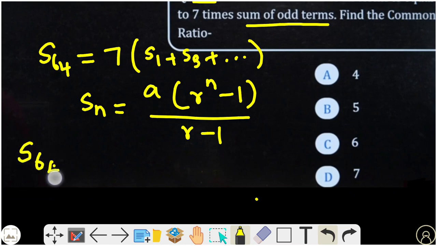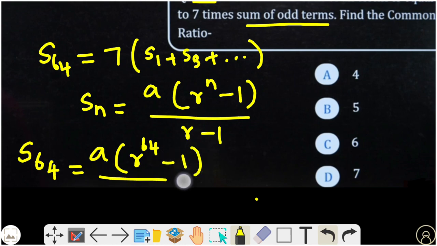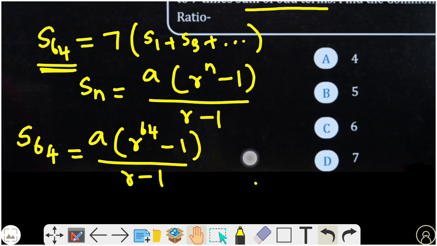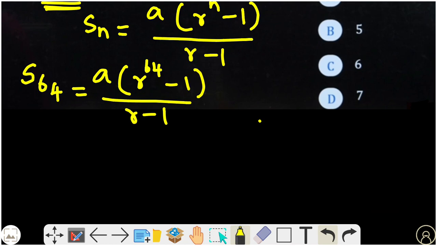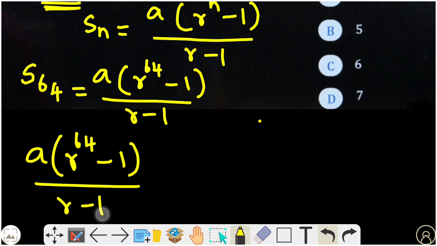S64, that's what we want, is equal to a into r power 64 minus 1 divided by r minus 1. So S64 is nothing but a r power 64 minus 1 divided by r minus 1.